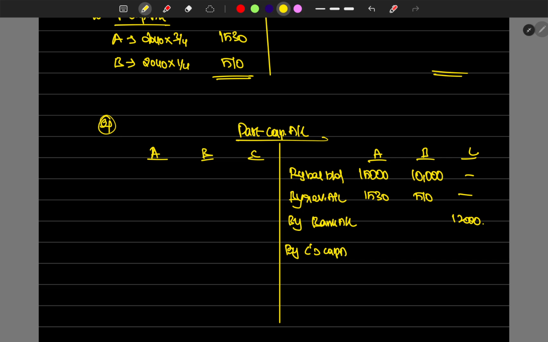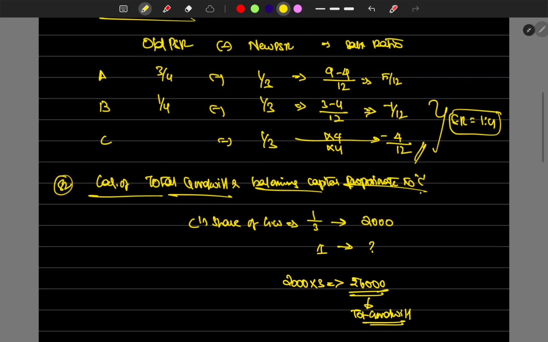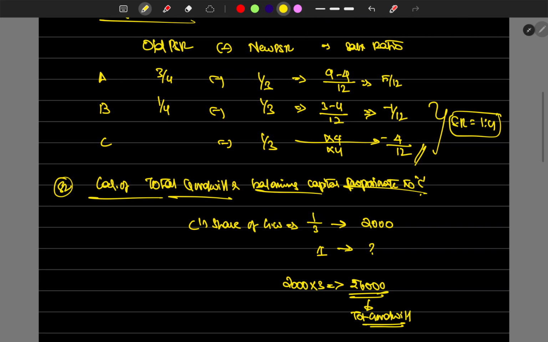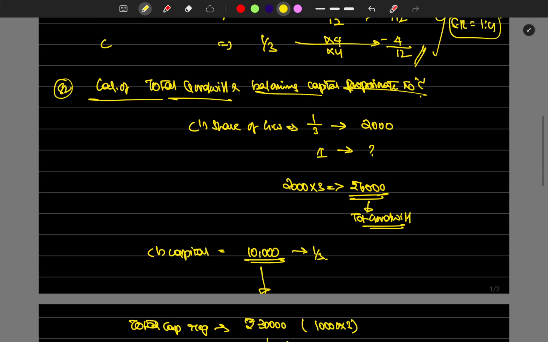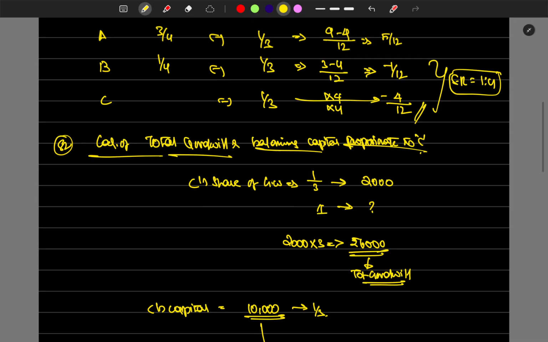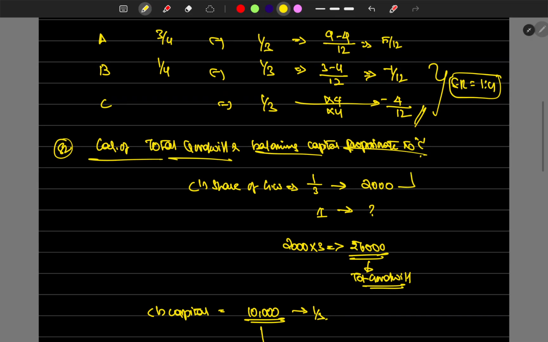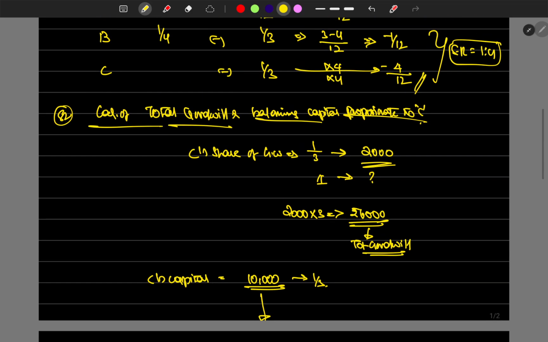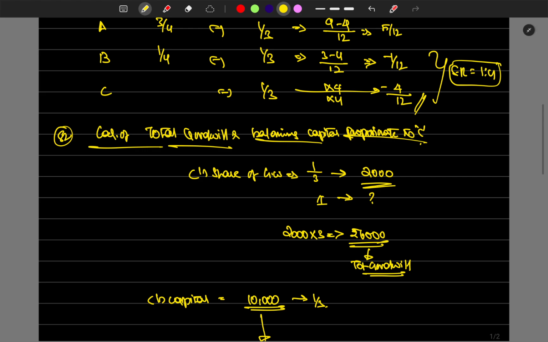C's capital account, how much? What's the entry? We know that 2,000 is the C share of goodwill, so we have to split it by sacrificing ratio. Okay, sacrificing ratio. So C's share is 2,000, but B is also gaining the goodwill share.